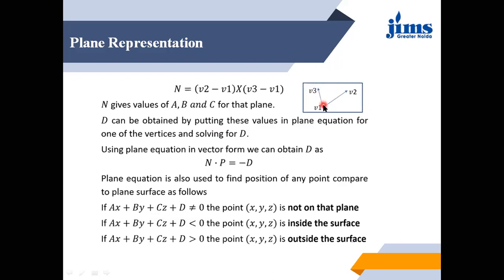So this is the way in which the value of n can be found. So n gives the values of A, B and C for that surface. D can be obtained by putting these values in the plane equation for one of the vertices and solving for D.